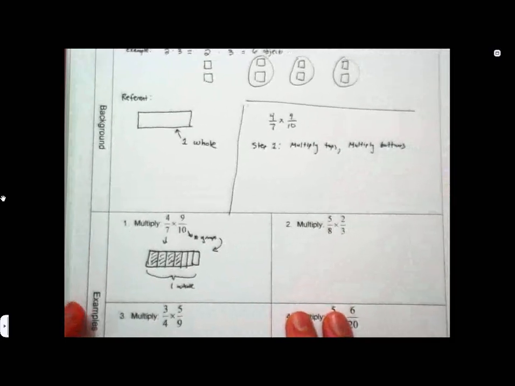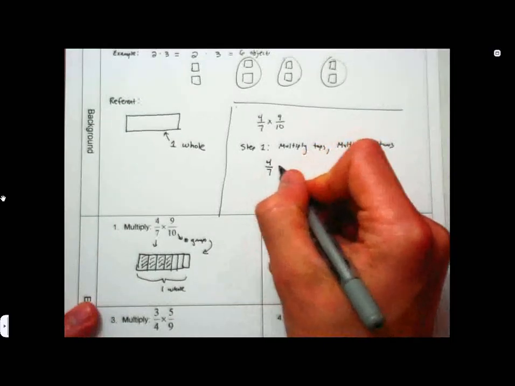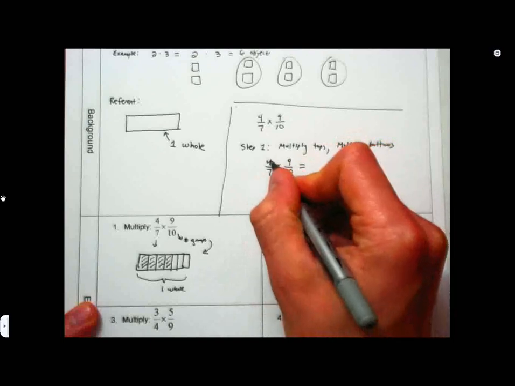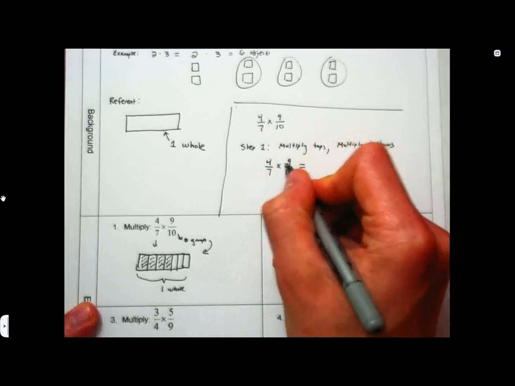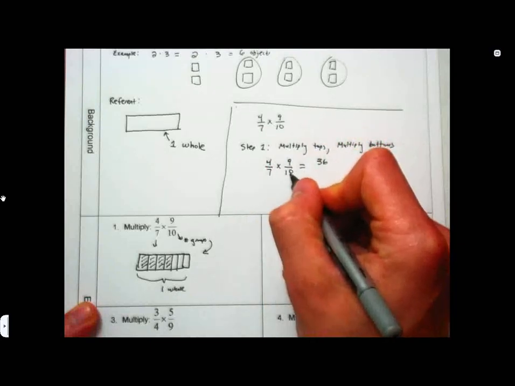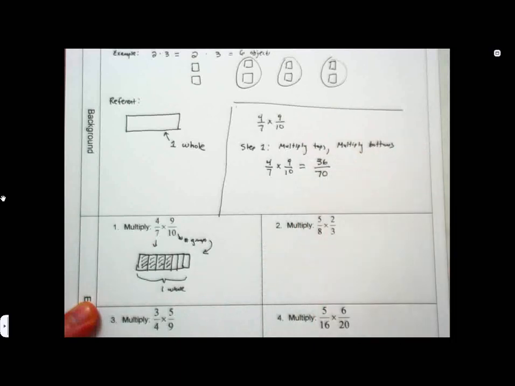So I multiply tops and multiply bottoms. So I've got 4/7 times 9/10 equals, well, if I multiply tops, 4 times 9 is 36. 7 times 10, if I do the bottoms, is 70. So I get 36 on top and 70 on the bottom.